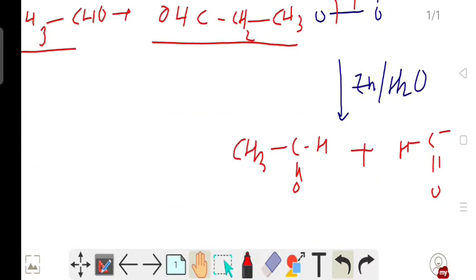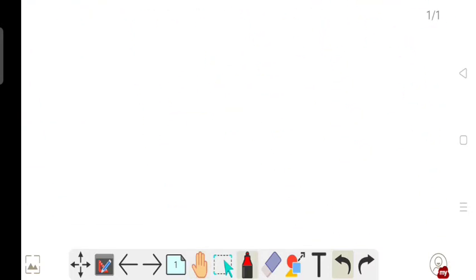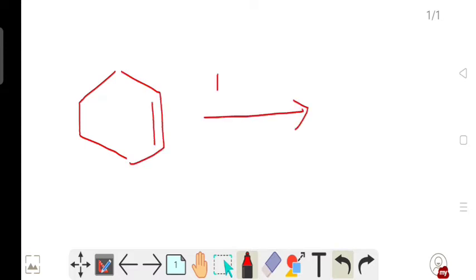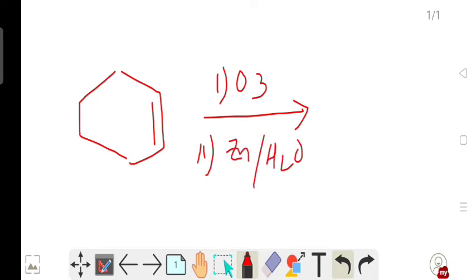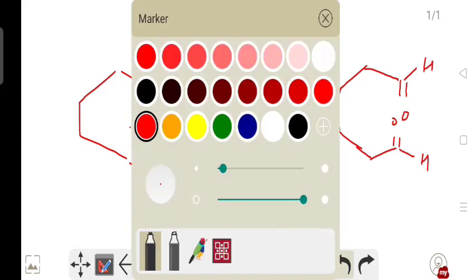For example, if you take this double bond, this is a cyclohexene, and if you use first ozone and then zinc and water, then after the reaction you will get this product only. Just break down these two bonds and attach oxygen to these carbon atoms. The product will be this one.